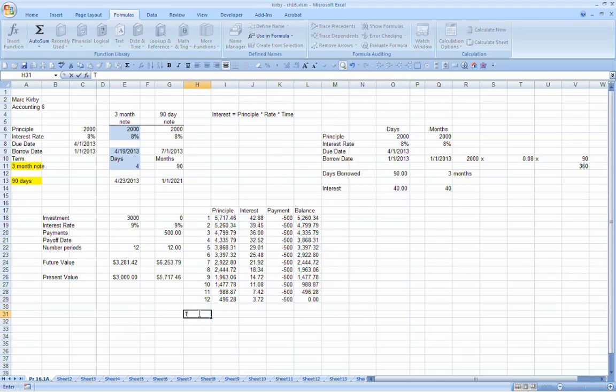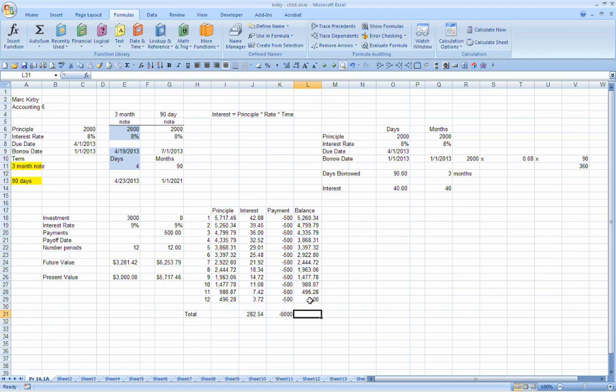I could throw in a total column, and I could total how much interest I paid over the life of the loan, the total of all of my payments, and my ending balance, of course, is zero.